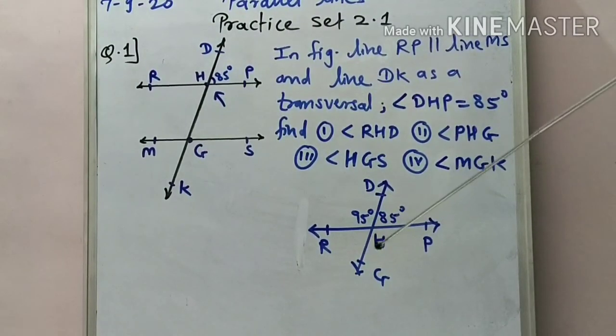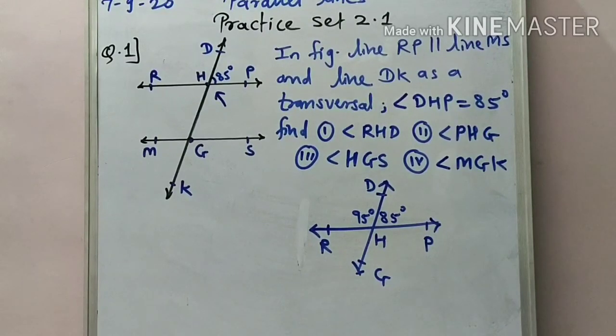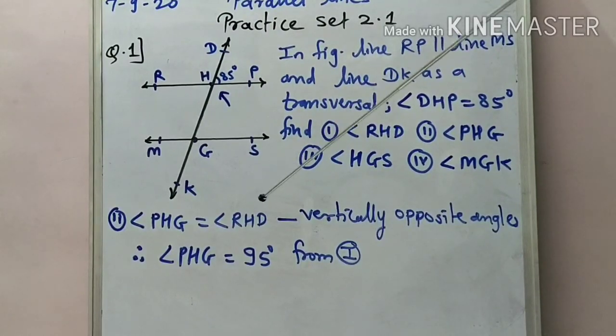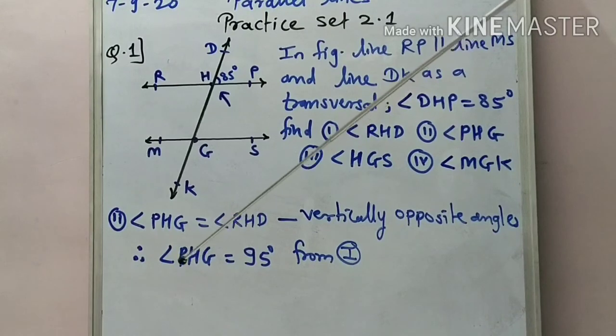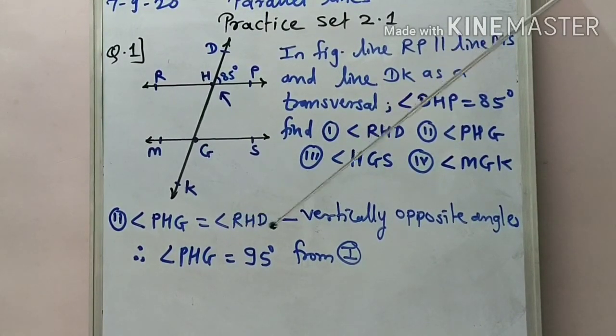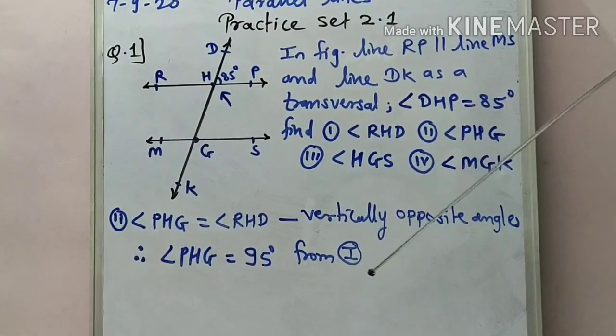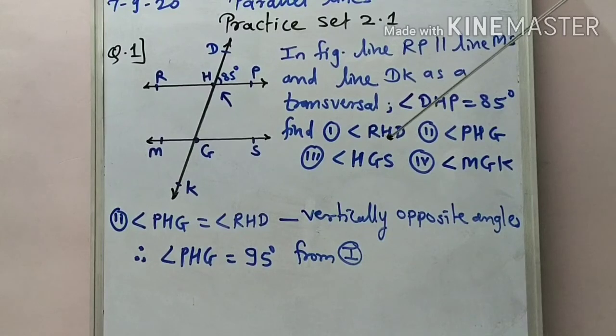Linear pair angles. Similarly you can find it by taking linear pair angles, but it is quite easy to use the vertically opposite angles property. So we find that angle PHG is the same as angle RHD, vertically opposite angles, so the measure is 95 degrees. As we found in the first, angle RHD was 95 degrees.